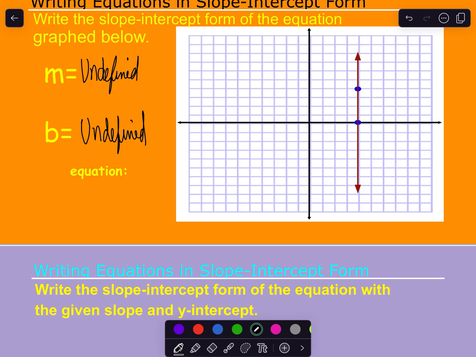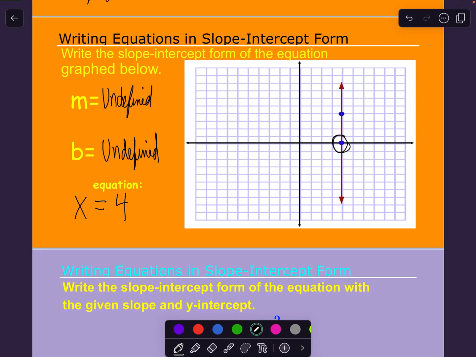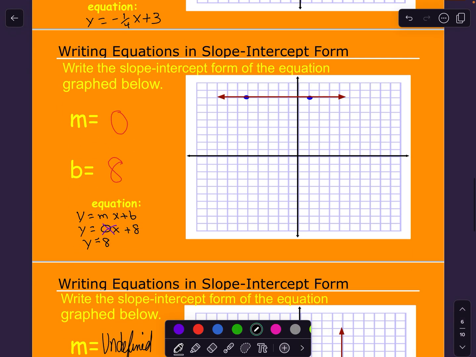So what you're going to say instead is just x equals, and then you say what the x-intercept is. So here the x-intercept looks like a 4 because it's crossing right there at 4. So a vertical line, undefined slope, undefined y-intercept, you would just say x equals 4 because it crosses at 4. This would be y equals 8 because it crosses the y-axis at 8.